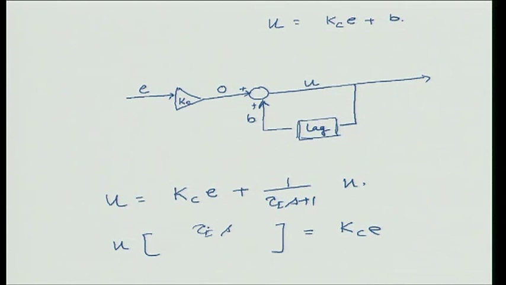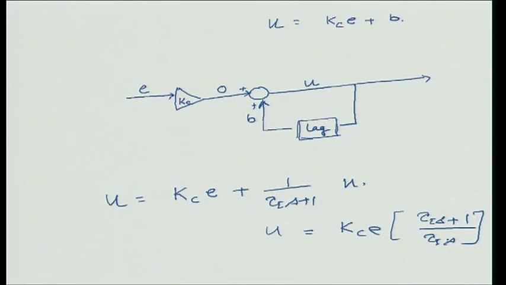So what I will get here is tau s over tau s plus 1, and then U is equal to Kc E times tau s plus 1 divided by tau s, and then U is equal to Kc times E plus 1 by tau s of E. This is the PI controller transfer function.